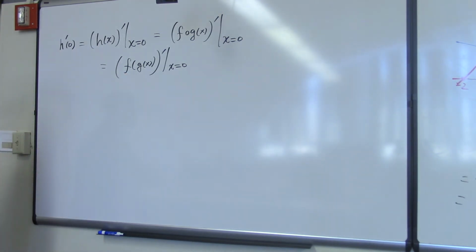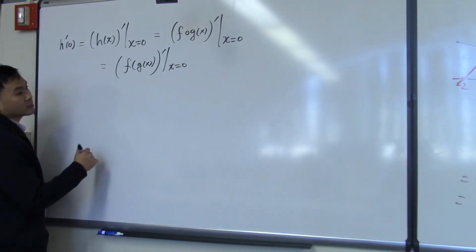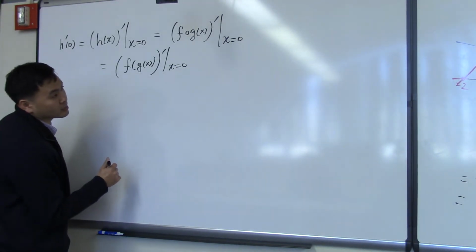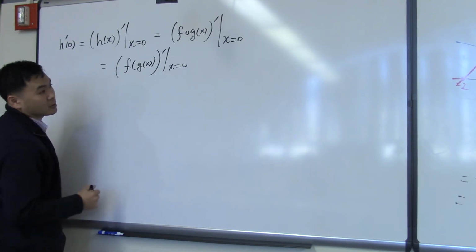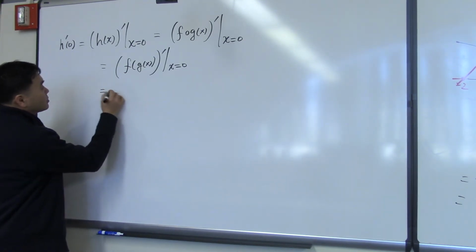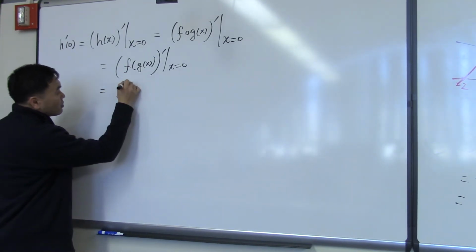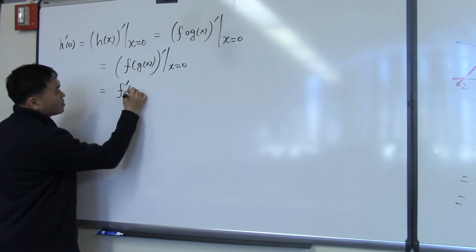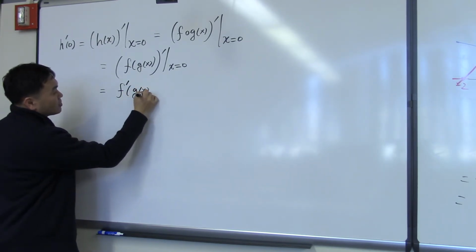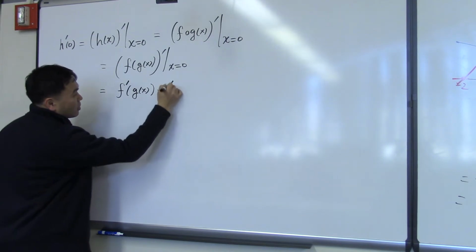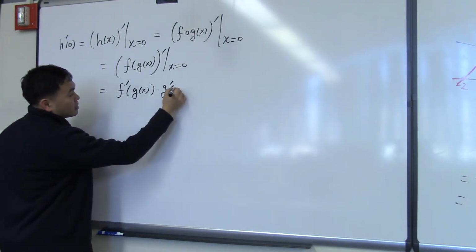What does the chain rule say? It's the derivative of the outside, evaluated at the inside g of x, times the derivative of the inside.